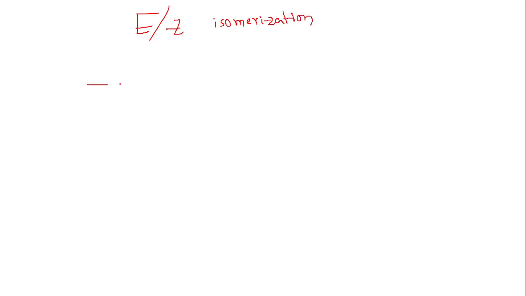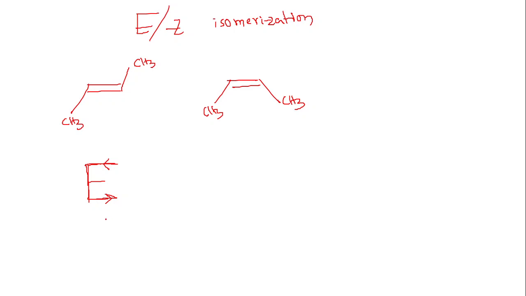So EZ isomerization is CH3 and CH3 group, and let's do this the other way, CH3 and CH3 groups. If you look at the letter E, if you send a line across this, this travels from this direction, this travels out in the opposite direction, meaning the arrow's direction gets changed. So this particular one is called E.